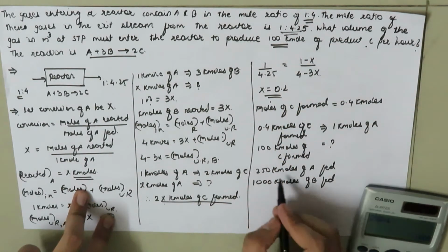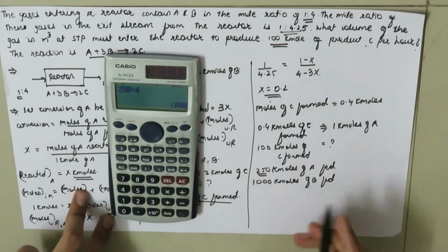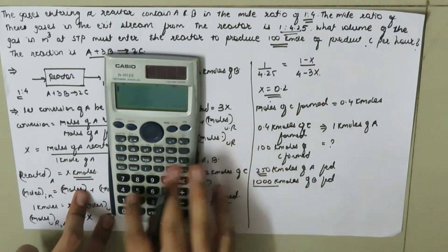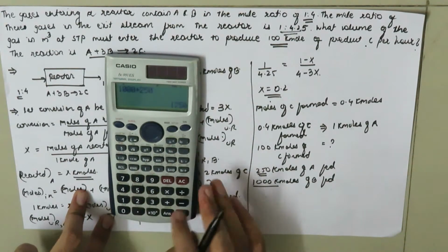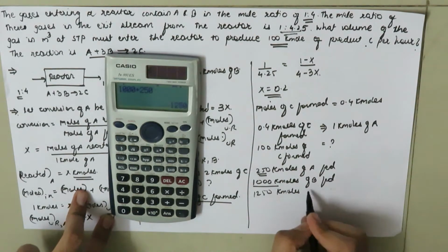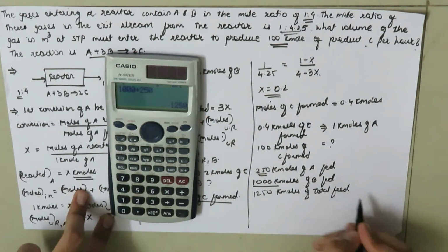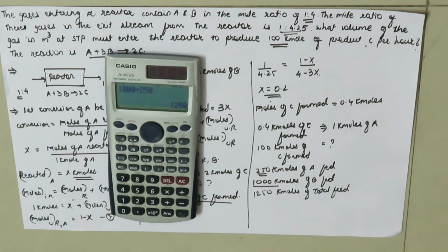So if A is 250, then B should be 4 times 250. So the total moles will be 1250 kmoles of total feed, but we need to calculate this quantity in volume.